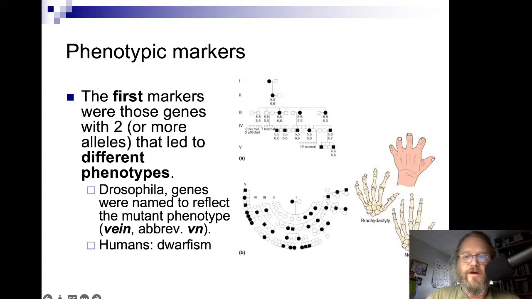This is, you know, a difference in digit size and dwarfism, and it turns out that this is often, not always, due to a single gene, a dominant mutation, and so you can relate the location of that gene by using an extensive pedigree analysis.